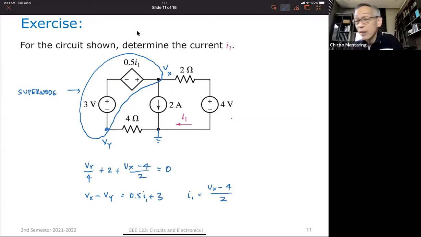Because the voltage from here to here is Vx minus Vy. So if you apply KVL in this loop, this equation comes out. In other words, when all else fails, when you don't know what to do, you go back to basics. Either you apply KVL or you apply KCL.